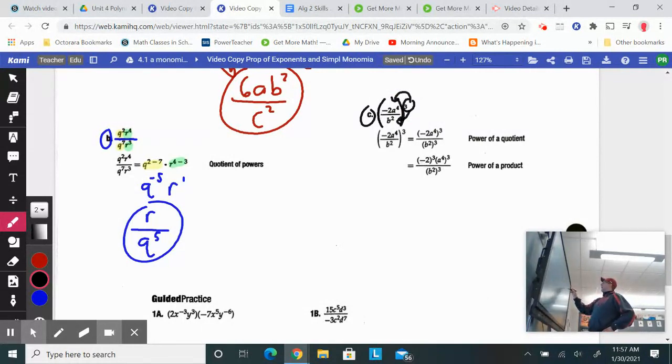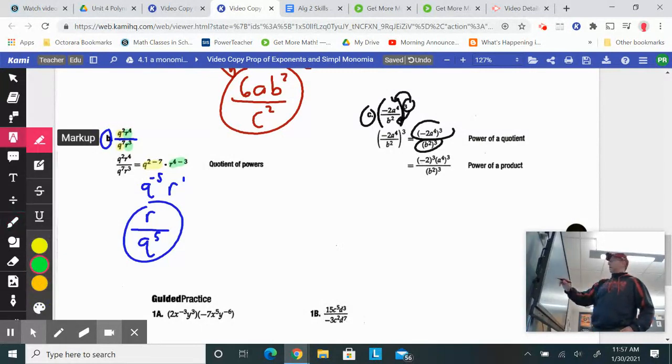I can distribute that like it is here. So negative 2a to the fourth in parentheses to the third power. And when I do that, let me click on my highlighter tool. This right here, I can then raise it to the third power. I would distribute that third power to the negative 2. Negative 2 to the third power, which is right here. Then I have a to the fourth to the third power, right there.